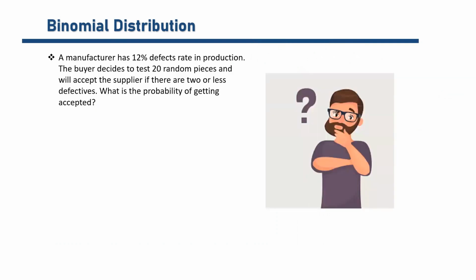Okay. Now the second one. We'll do this in Python also, but here we will find the solution. A manufacturer has a 12% defect rate in production. The buyer decides to test 20 random pieces and will accept the supplier if there are 2 or fewer defectives. What is the probability of getting accepted?